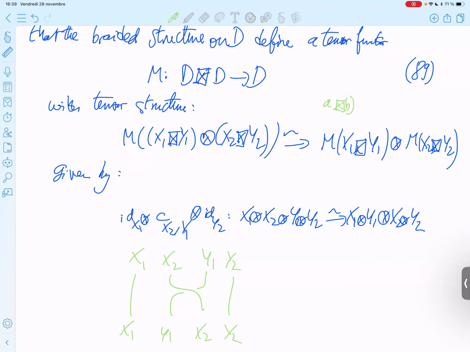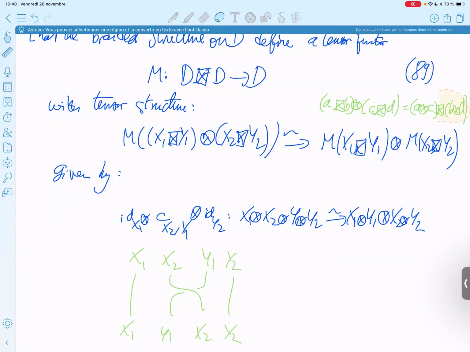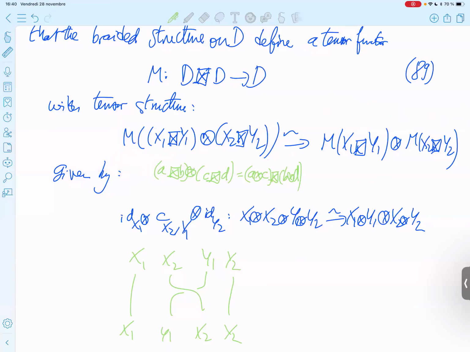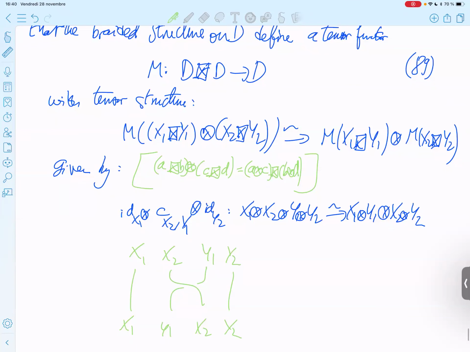A Deligne tensor B, tensor C Deligne tensor D should be A tensor C, Deligne tensor B tensor D. Okay, so where are we?